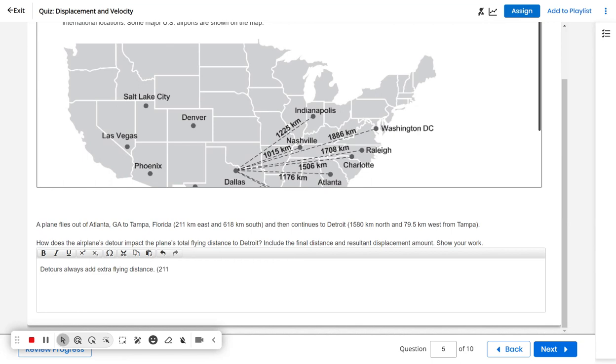I have 211 squared plus 618 squared, and then I'm going to raise it to the 0.5 power.